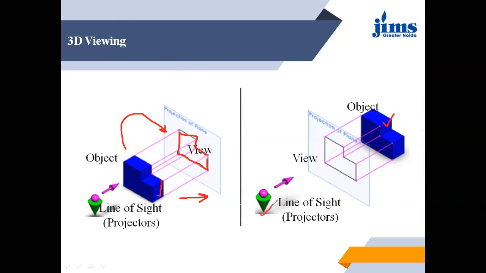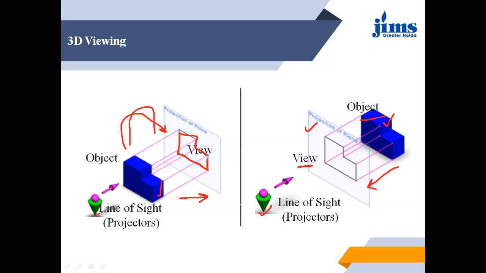As you can see, this is the object, and this person is trying to see the image of this object on this plane. As this is before the object, the image can be obtained on either side.